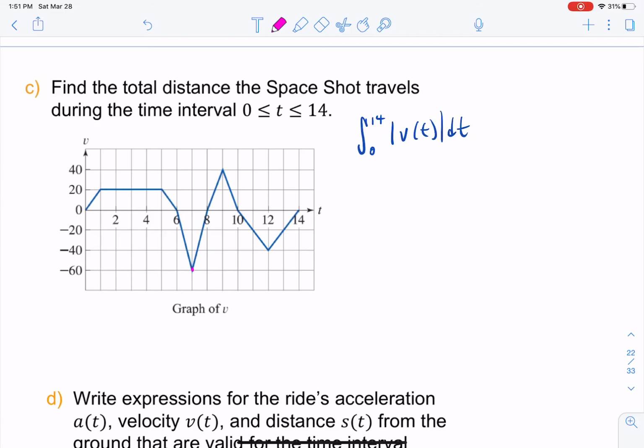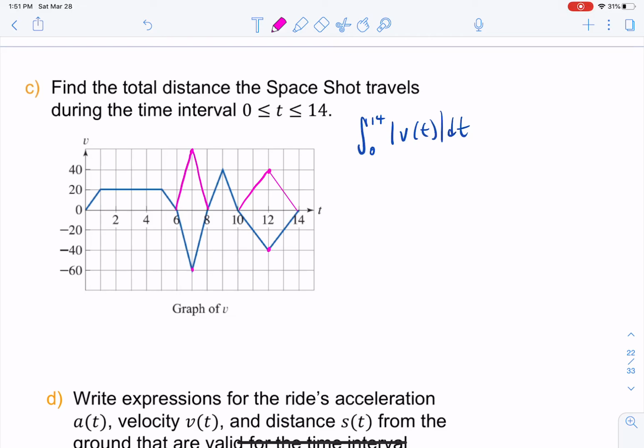So this point that's down below at negative 60 is going to go up here to positive 60. And then this point that's down here, 12, negative 40, is going to go up here to positive 40. And then we have that part of the graph there.